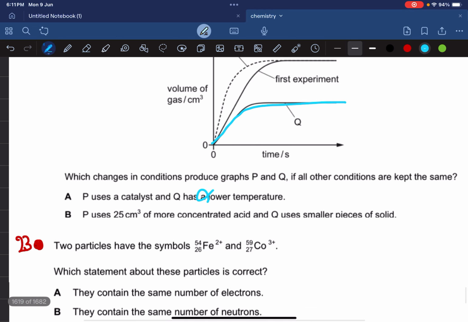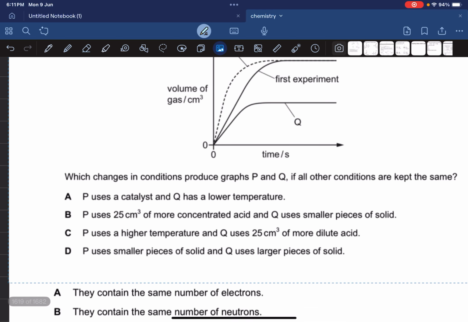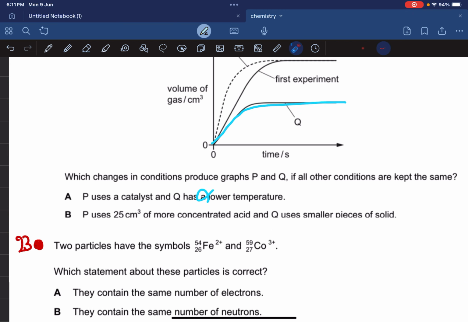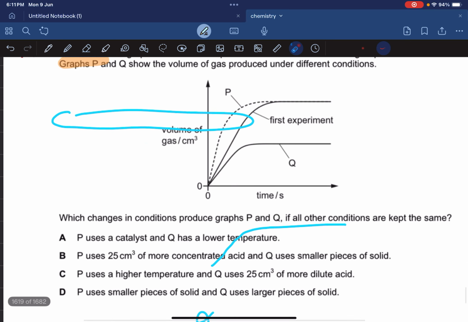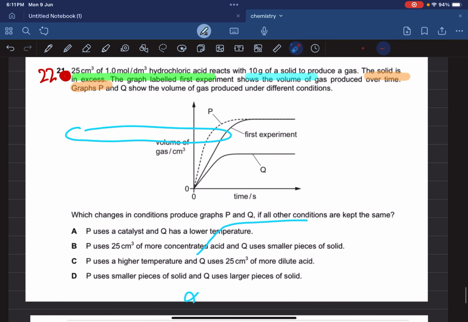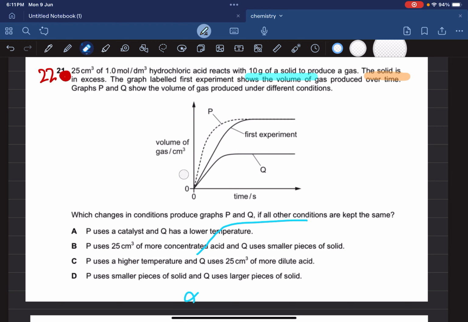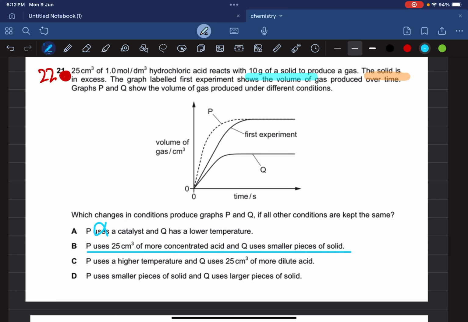Next, option A was incorrect. B. P uses 25 cm cube of more concentrated acid than Q, and Q uses smaller pieces of solid. Okay, that's also not correct.